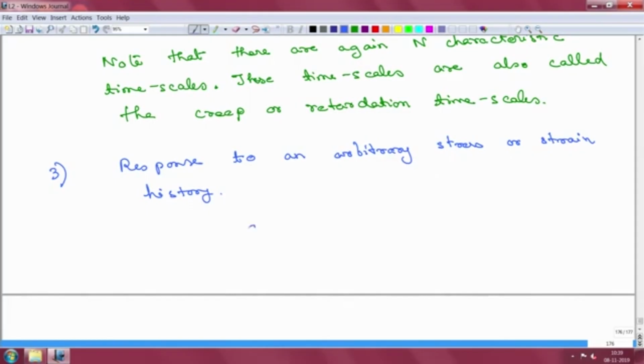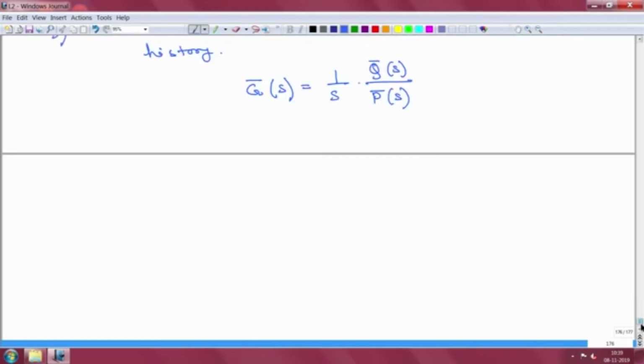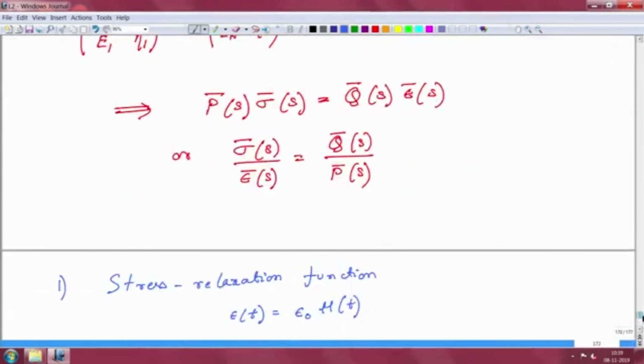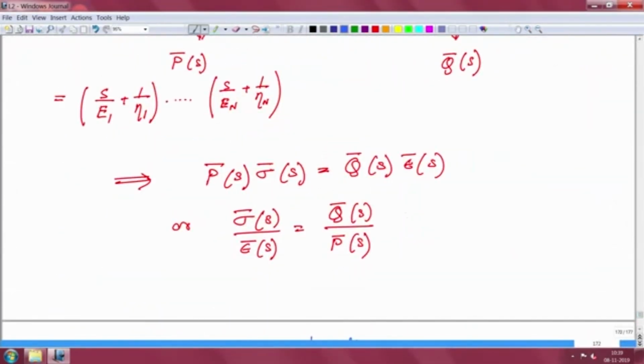So, we saw that you can define a Laplacian which is 1 by s times q bar of s, and when we take the Laplace inverse of this, we end up getting the stress relaxation function. And we also know that this particular relationship is also true.